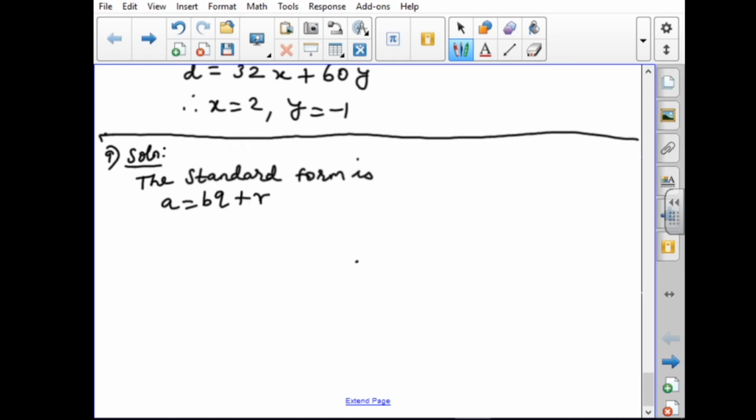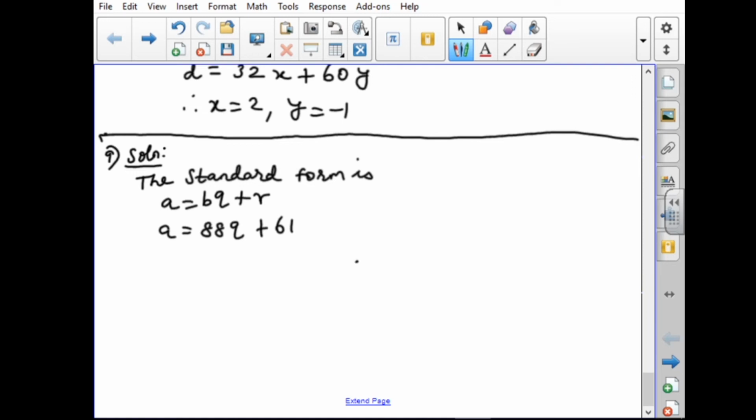According to the given question, a is not given. The divisor is given, one positive integer is divided by 88, so b is 88 here. The quotient is also not given. The remainder is given, 61.